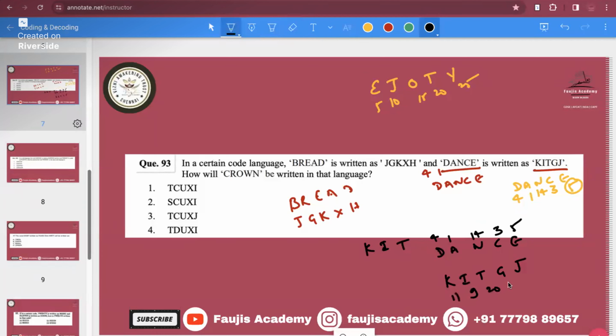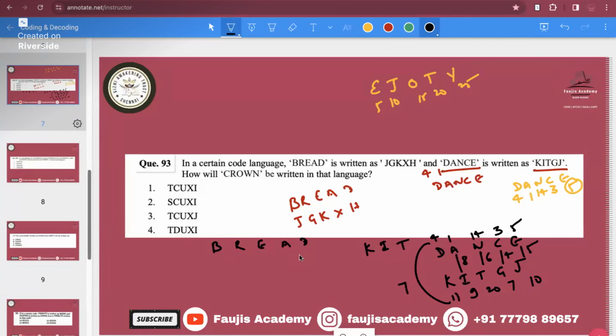The differences are 7, 8, 6, 4 and 5. Right. Let's try and analyze bread as well in that case.